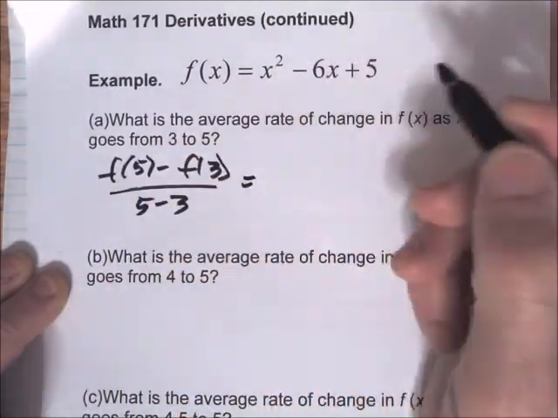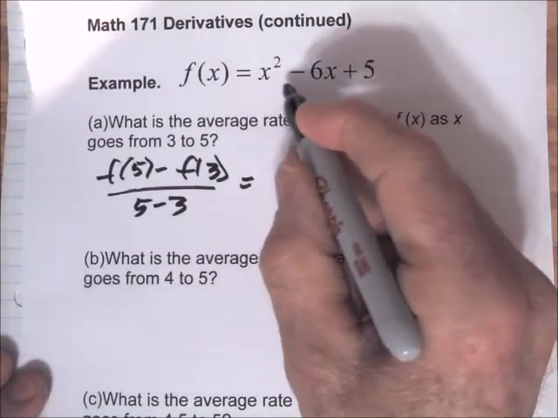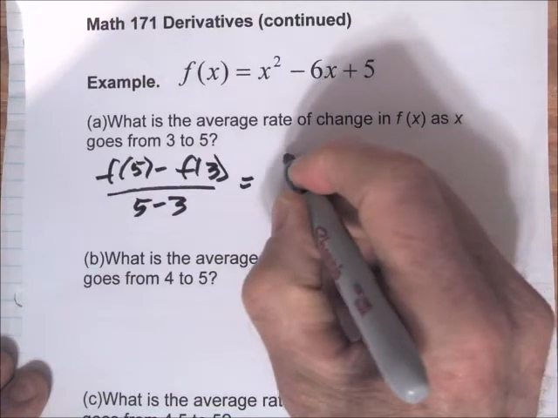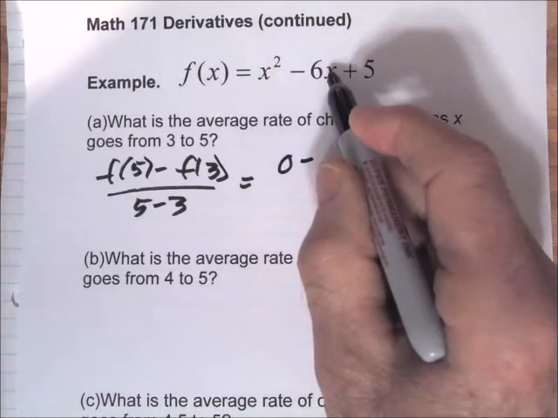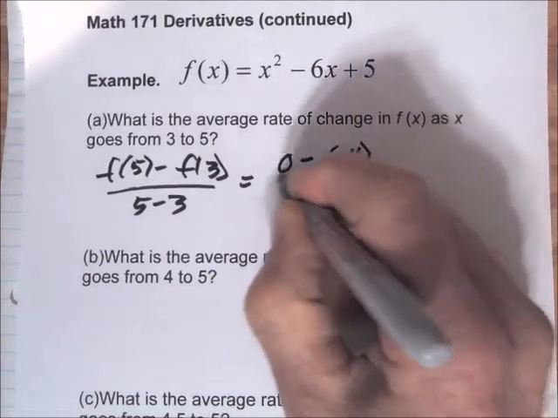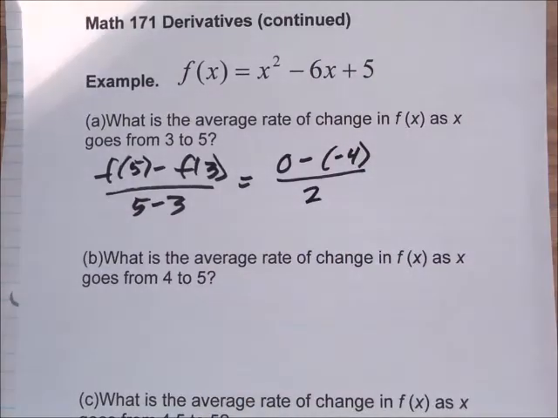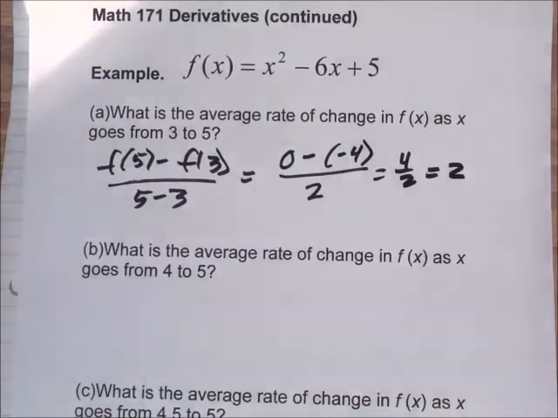So f of 5, if you put a 5 in here, it's 5 squared plus 5, which is 30, minus 6 times 5, which is 30, so that's going to be 0. For f of 3, you have 3 squared is 9, 9 minus 18 is negative 9, that'd be negative 4. And on the bottom we have 5 minus 3 is 2. So a double negative is positive, so this is 4 over 2, which is 2. So the average rate of change as x goes from 3 to 5 is 2.